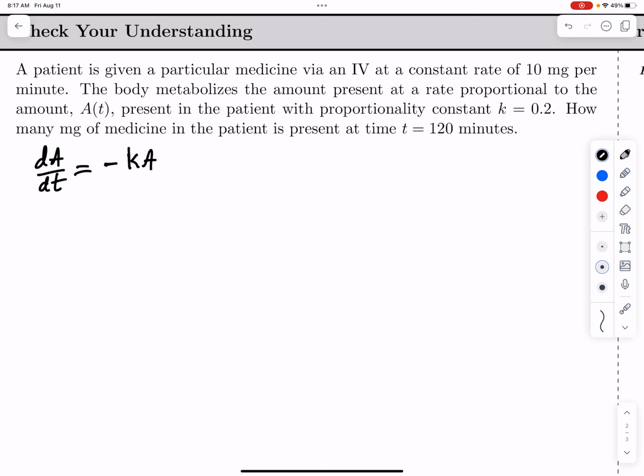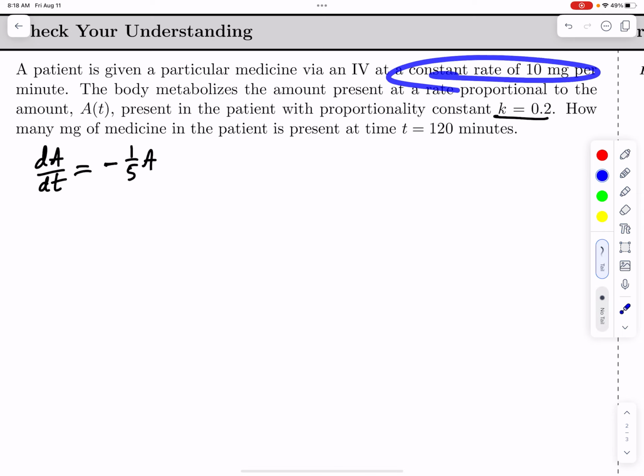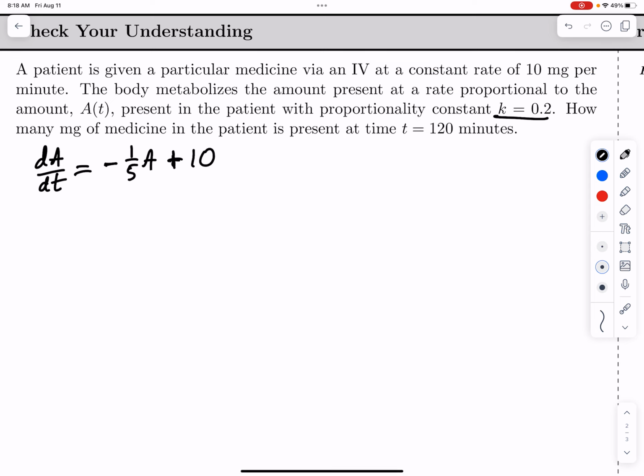That's removing the amount proportional to the amount, and they give us the constant is 0.2, which I'm going to write as 1/5. So I'm going to put this as negative 1/5 A. But then we are also adding 10 milligrams per minute in, so that's just a constant forcing term of 10. And there is our model.